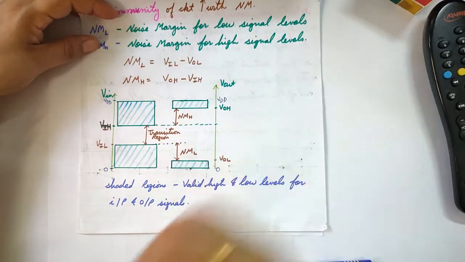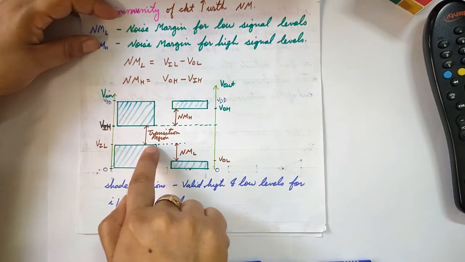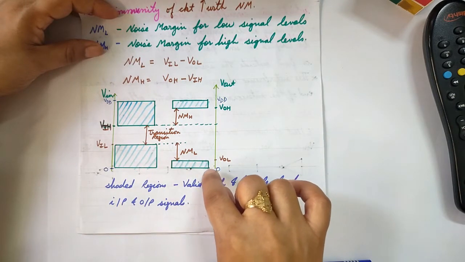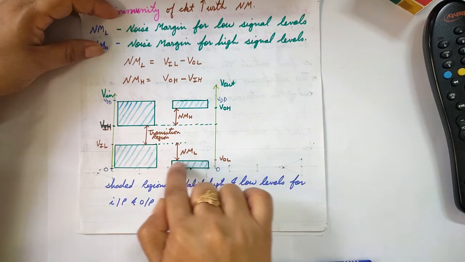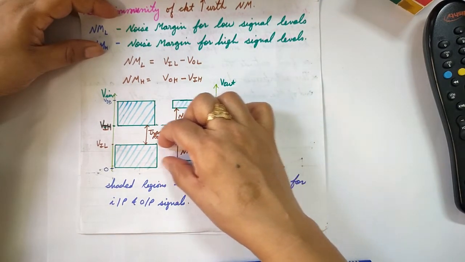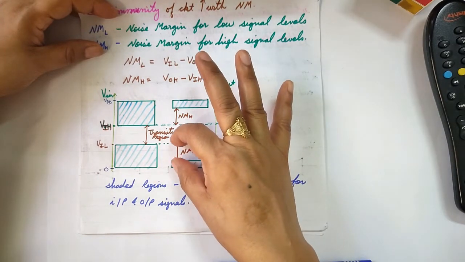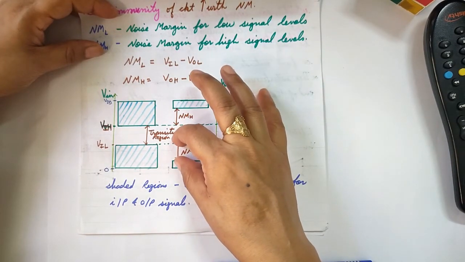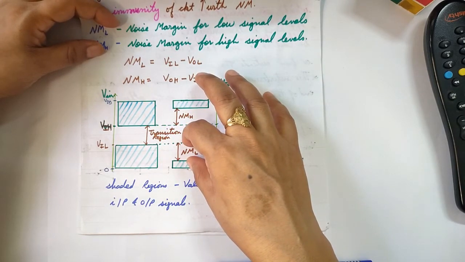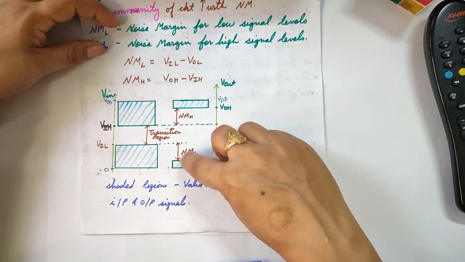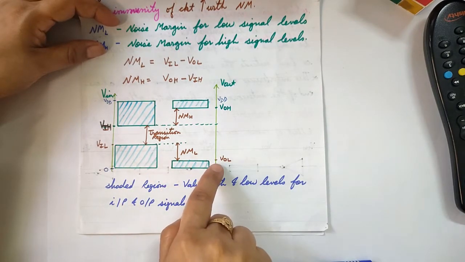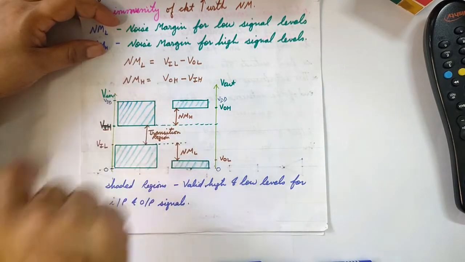VIL is the maximum value of the input which can be treated as logic 0, and on the output side VOL is the maximum value which can be treated as logic 0. So the difference between these two, VIL minus VOL, provides a margin. Any signal, if it changes and remains in this region, will still be treated as logic 0. So this provides a noise margin to the logic 0 signal. VIL minus VOL gives you the noise margin for low signal.